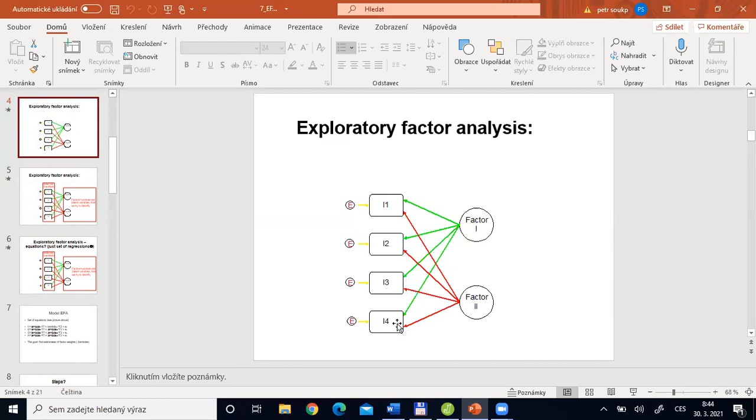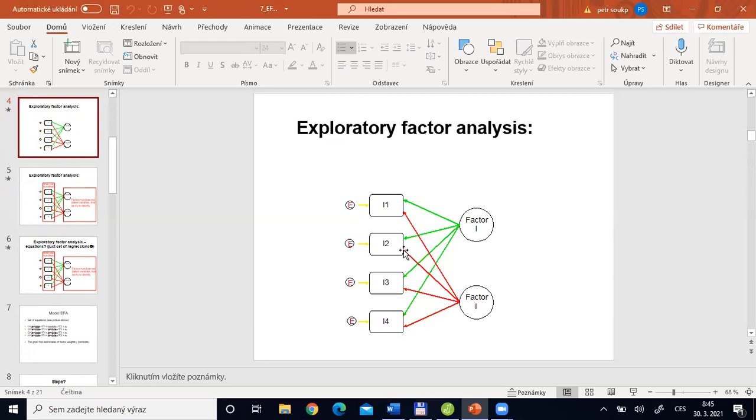And if these two are not strongly related to this factor 1, so maybe that factor 1 is created by these two items, and we can use the common meaning of these two items for explanation of what is the common factor behind.